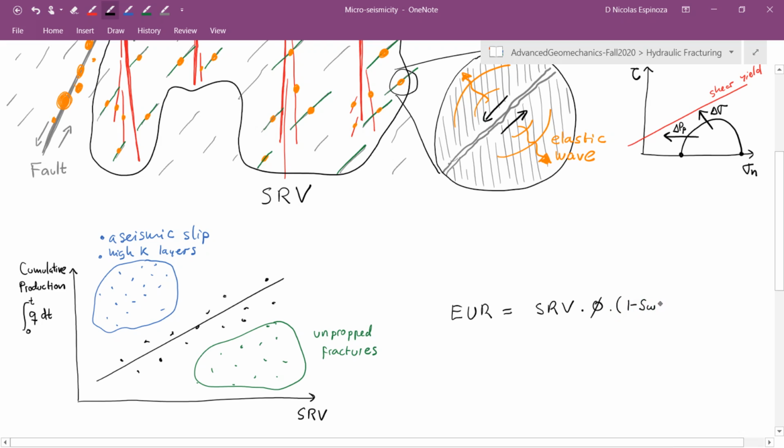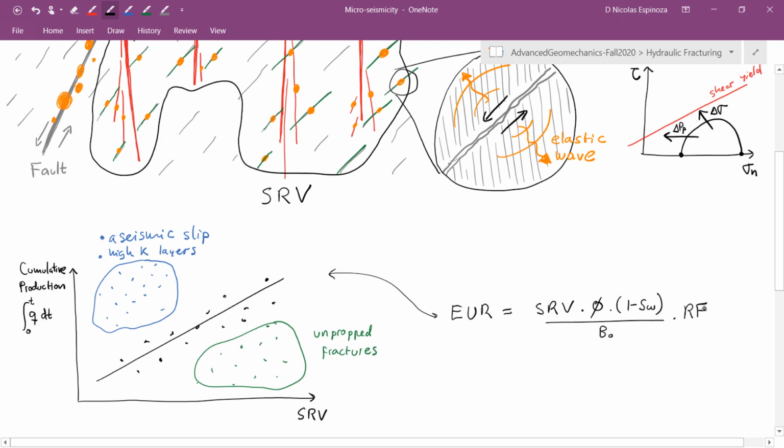Let's put it here as 1 minus the saturation of water, divided by the volume factor if we are considering oil. But basically, the larger the stimulated reservoir volume, with this simple equation, the larger you would expect the estimated ultimate recovery or the cumulative production to be. I'm probably missing the most important thing over here: this has to be multiplied times the recovery factor.